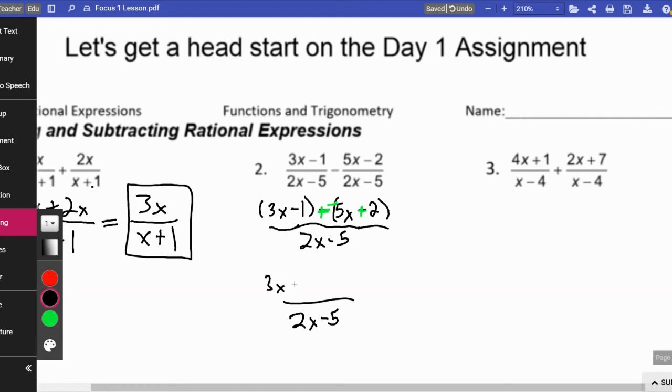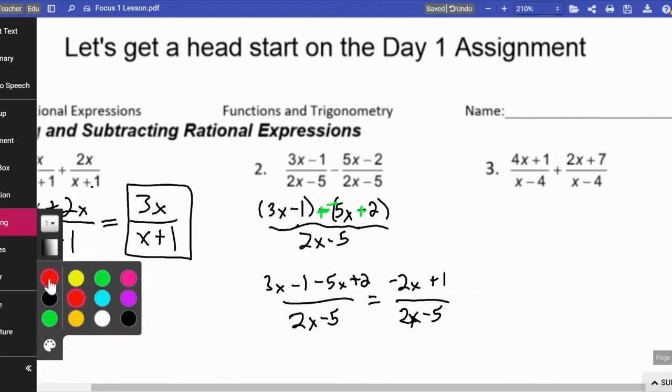And without the parentheses, it's going to look like this: minus 1 plus a negative 5x, or just minus 5x, and then plus 2. So really, the thing that happened is this minus went to the 5x, which became negative, or just minus 5x. And then this was like a double negative with the 2, so it became positive. And ultimately, when you combine these, we get a negative 2x plus 1 over 2x minus 5.